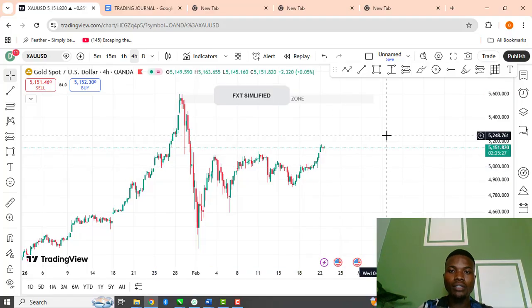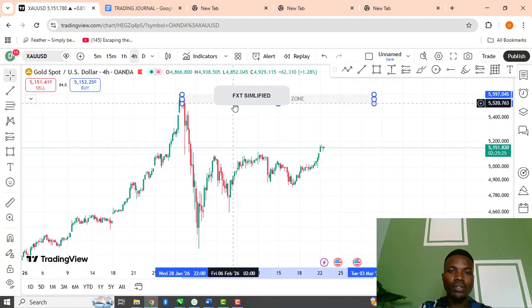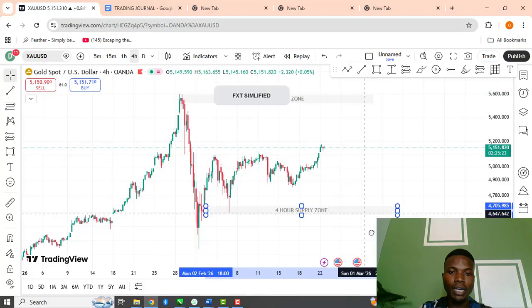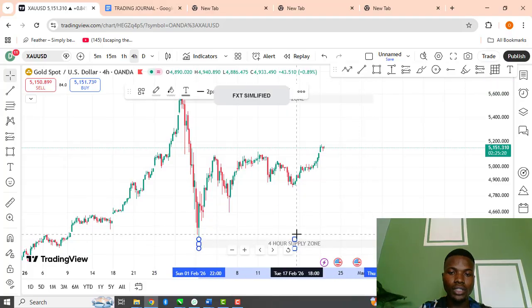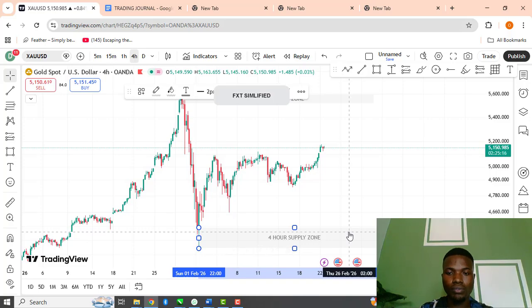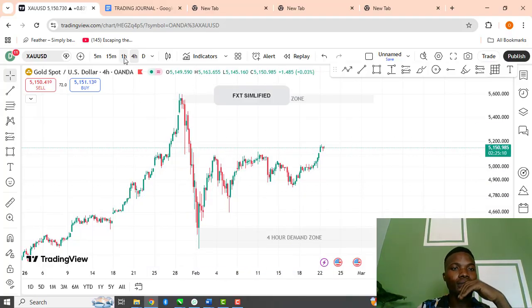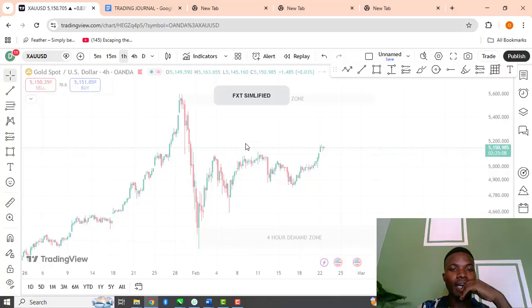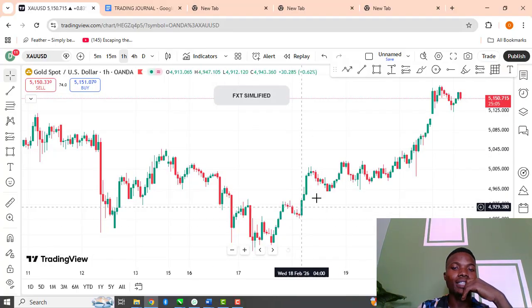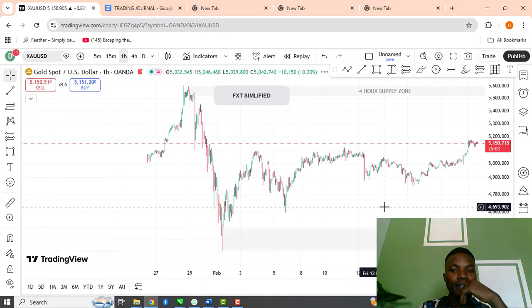Okay, so then we also have our demand area. Okay, so this is our demand area here, demand zone. Then after this we are going to go down to our 1 hour. Okay, so this is our 1 hour time frame right there.